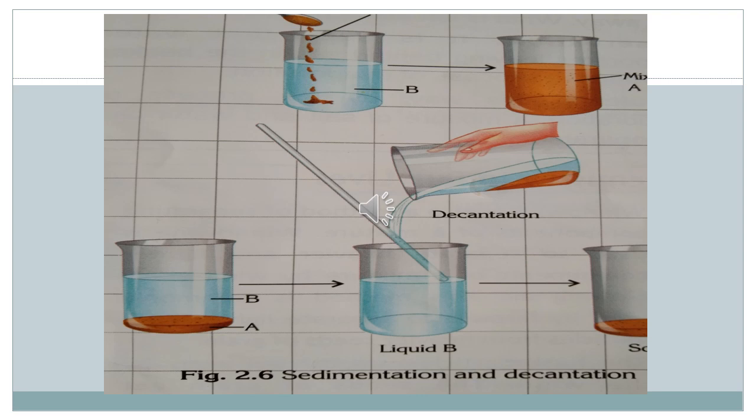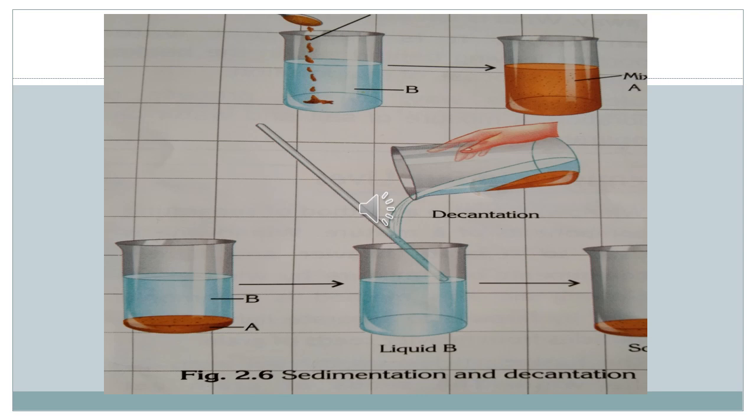Now which principle is used here? In this process, the insoluble solid, when left undisturbed for some time, will settle down. You take the mixture of insoluble dust and liquid in one glass. We have to keep it for some time.